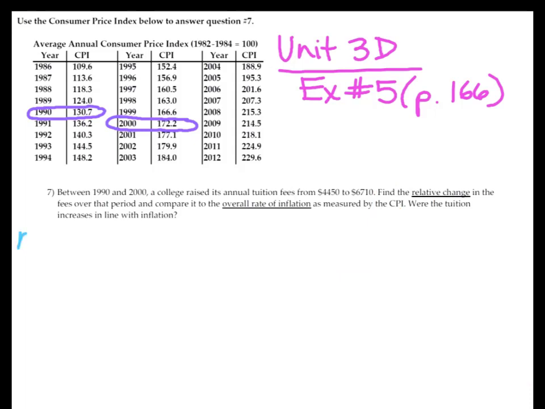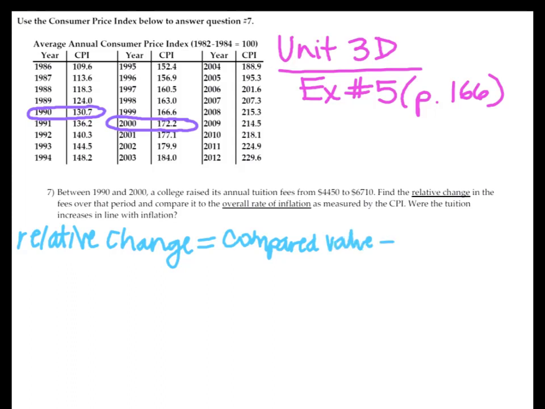So with relative change, we can use the formula of compared value minus the reference value divided by the reference value.